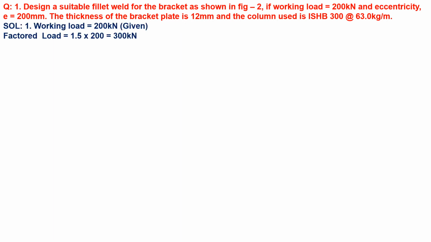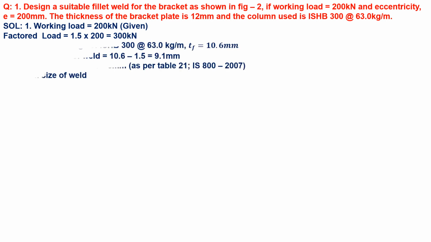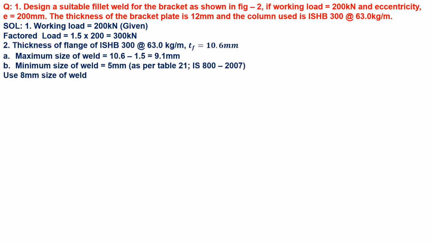First step in the solution: the working load equals 200 kilonewton is given, so we calculate the factored load, that is 1.5 into 200 equals 300 kilonewton. In the second step, from the structural steel handbook or steel table, we get the thickness of flange, that is 10.6 millimeter for ISHB 300.